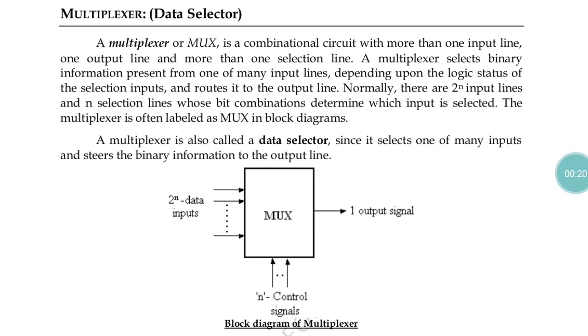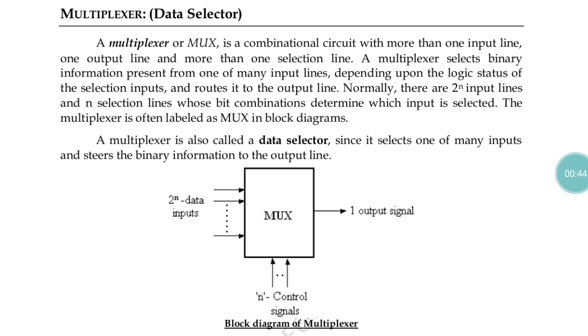In this multiplexer, we have 2 to the power of n input lines, and also we have one output, so that the output corresponds to an input based upon the n control signals.